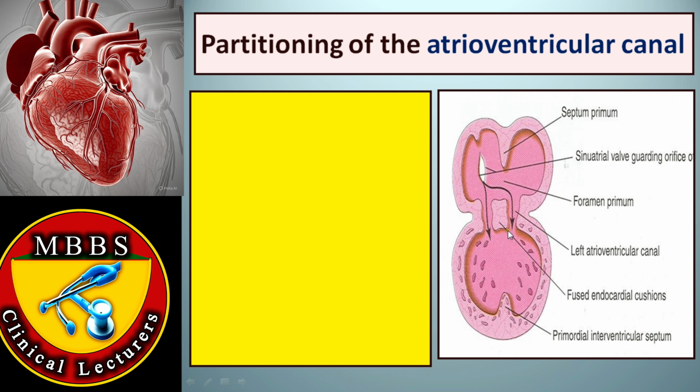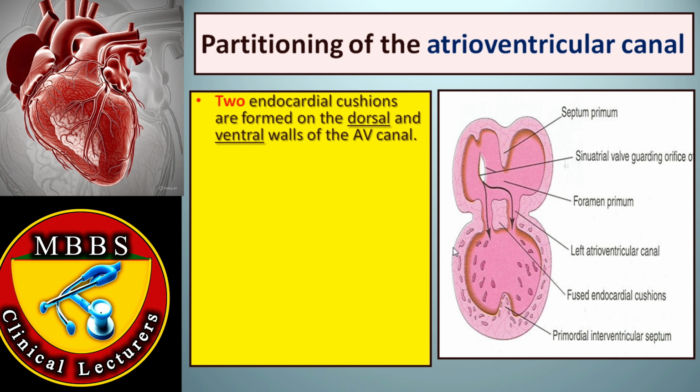Okay, still there is a common atria and a common ventricle, but the flow between these two is right and left because of the fusion of this endocardial cushion. These provide inductive signal for the partitioning of the atria as well as the ventricle.